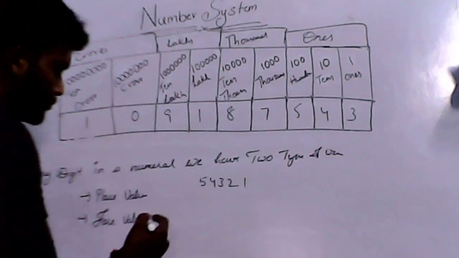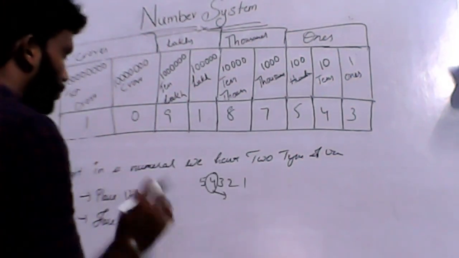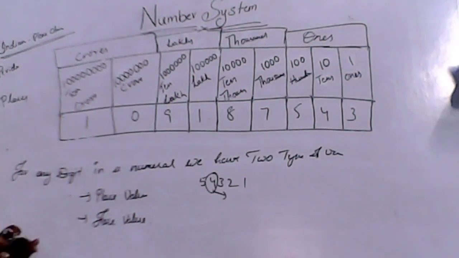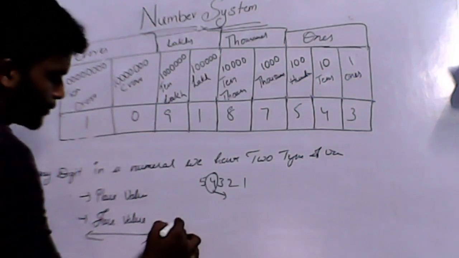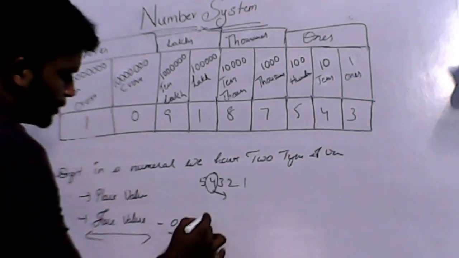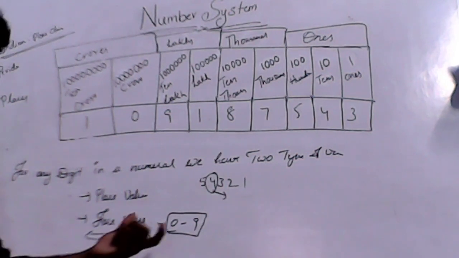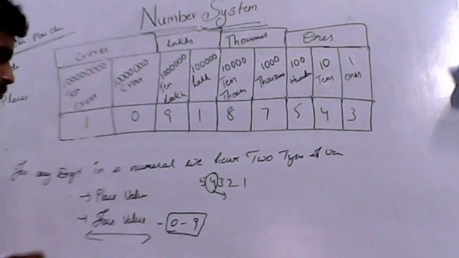Here for the digit 4, what is the place value and what is the face value? To find the face value, we need not do anything. Face value will always remain between 0 to 9 for any digit. That is nothing but whatever the digit, its face value will be the digit value.